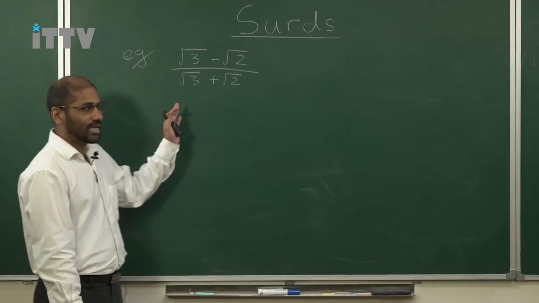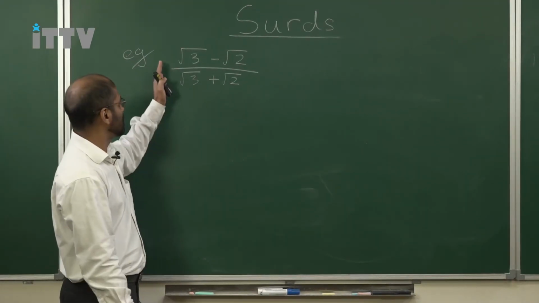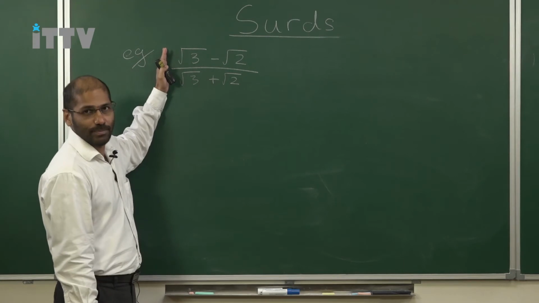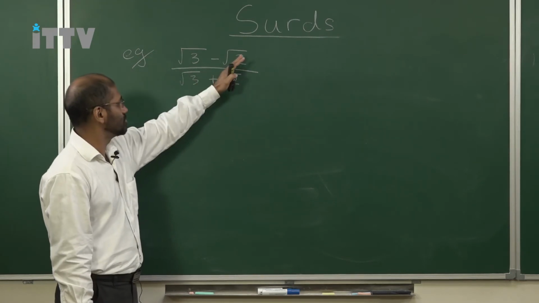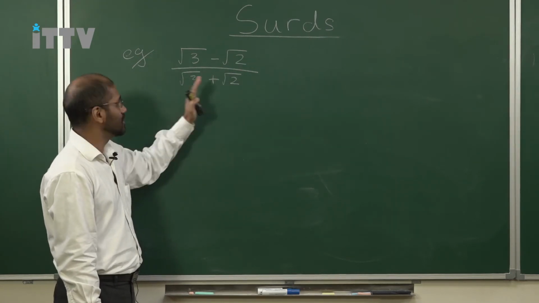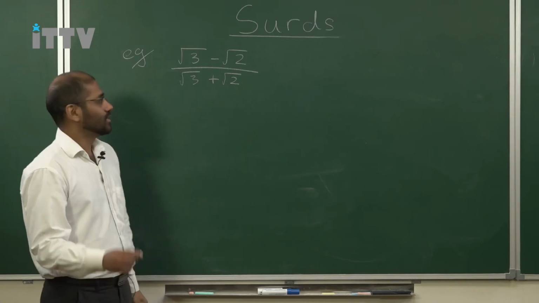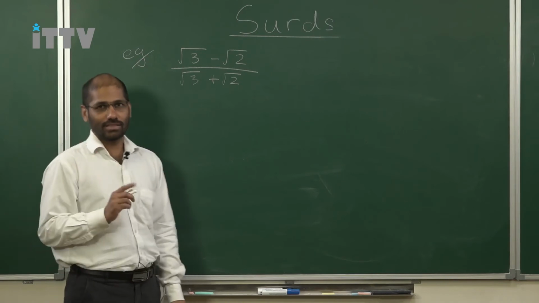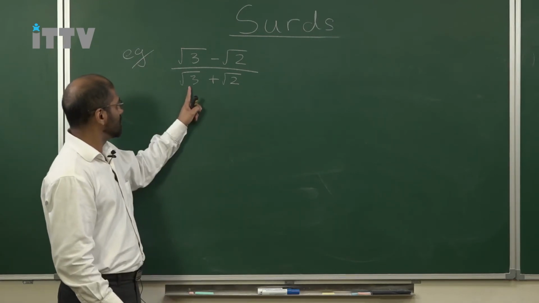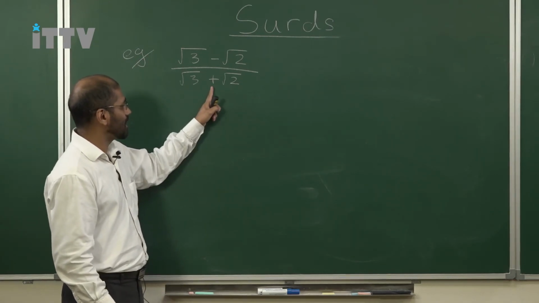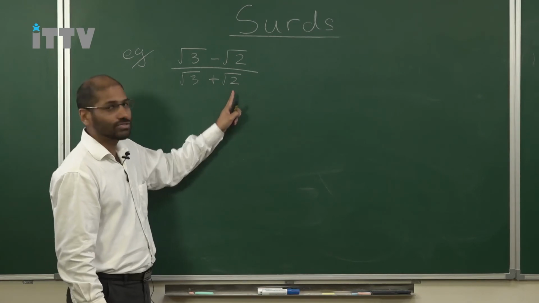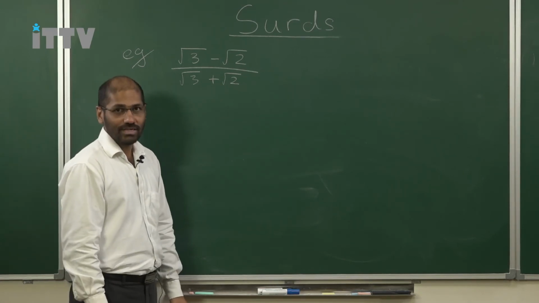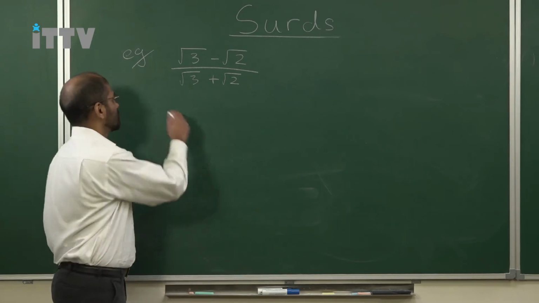Okay students, the next example would be to rationalize this expression. Surd 3 minus surd 2 divided by surd 3 plus surd 2. Now the key to this question is to first identify what the conjugate is. Since the denominator is surd 3 plus surd 2, the conjugate would be surd 3 minus surd 2.